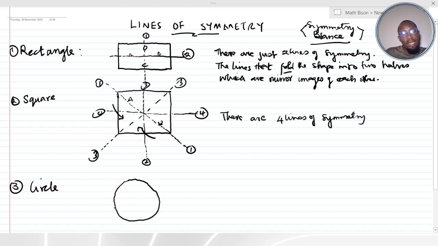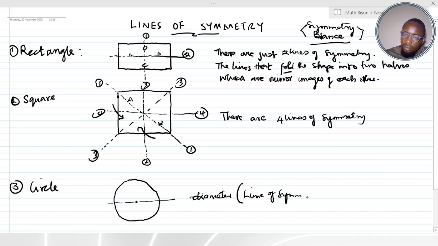We are told that a line that passes through the center and divides a circle into 2 equal halves is called a diameter. And that diameter is also a line of symmetry.